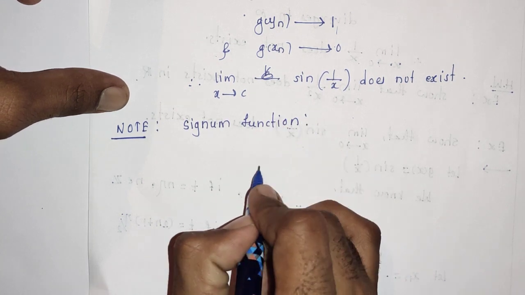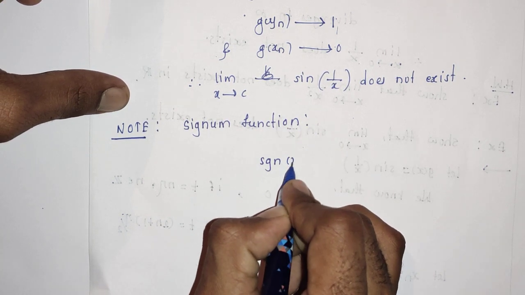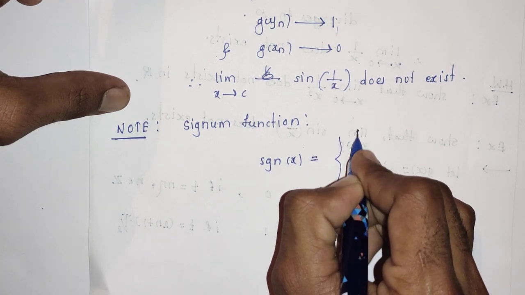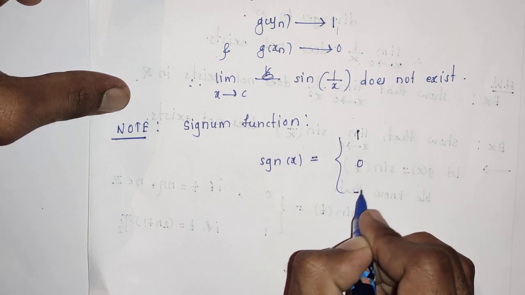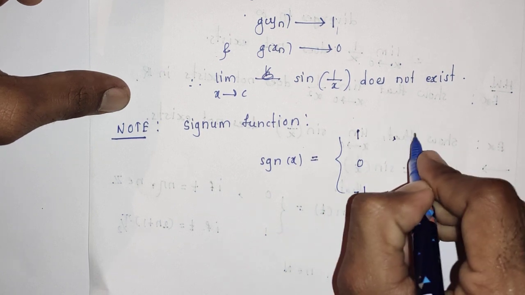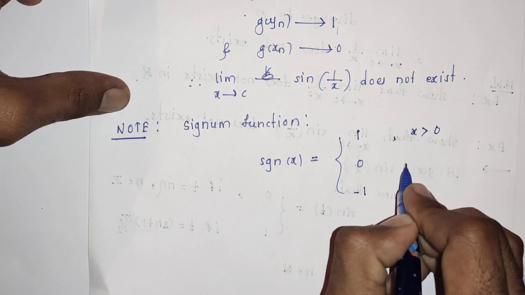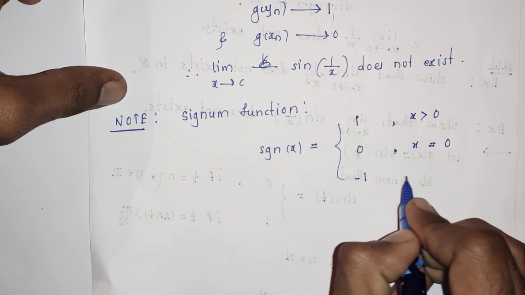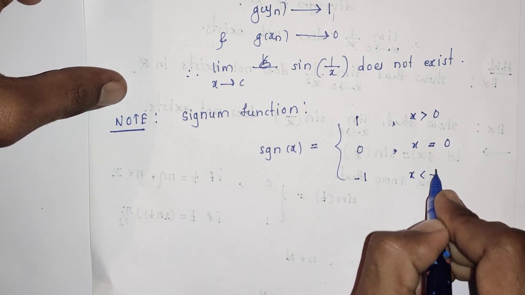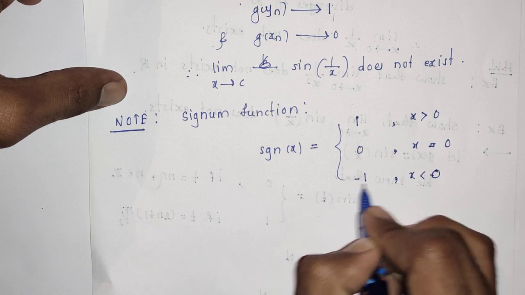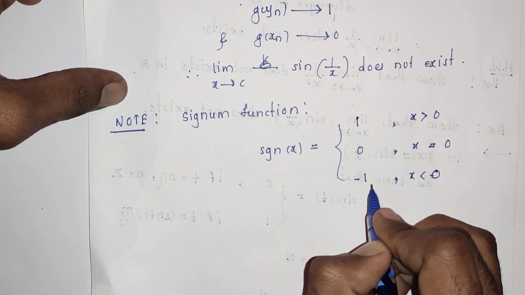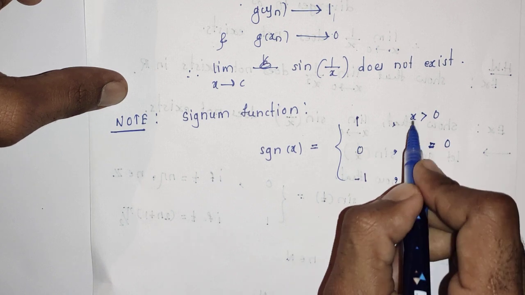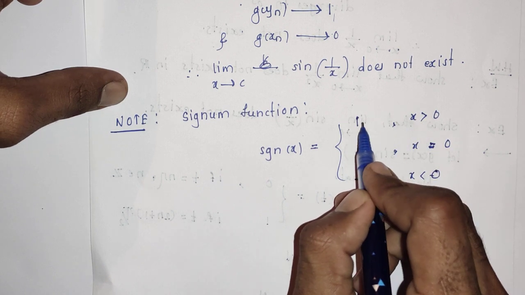The notation of signum of x is sgn of x, and this function is given by 1, 0 and minus 1: 1 for x strictly greater than 0, 0 for x equal to 0, and minus 1 whenever x is less than 0. For negative numbers, signum of x is minus 1. For x equal to 0, signum of x is 0, and for positive numbers, signum of x is equal to 1.